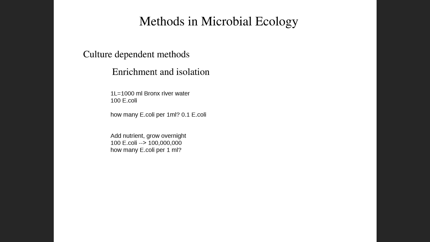And so if you take 1 liter from Bronx River, and assuming it has 100 E. coli cells, the question then is how many E. coli per ml? If you get 1 ml, chances are you won't get any E. coli, right? Nine out of 10 times that 1 ml doesn't contain E. coli.